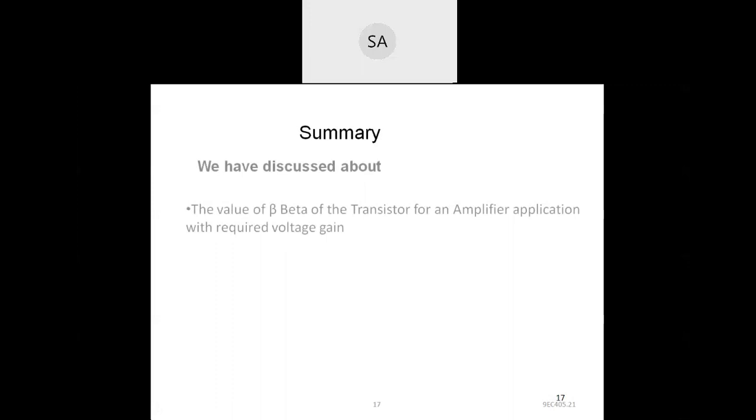So here we have discussed the value of beta of the transistor for an application with required voltage gain.